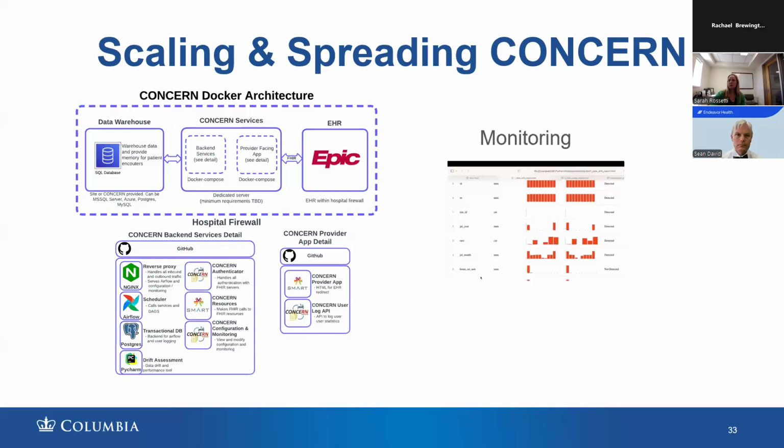And so we're working on scaling and spreading Concern. We've been working on this for a while, actually. So starting a couple of years ago, we started transitioning the architecture of the entire early warning score into a Docker architecture. And Kenrick Cato really is the master behind this.